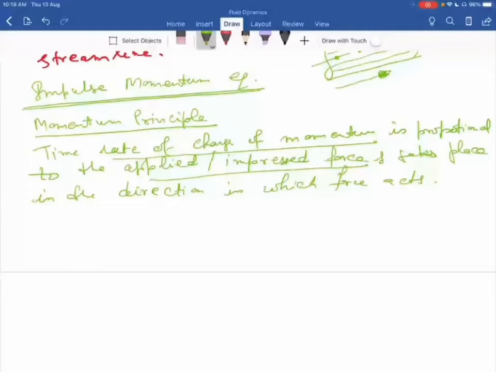So this is the momentum principle. If I write it in the form of an equation, we can write it as F is equal to d by dt of momentum mv.